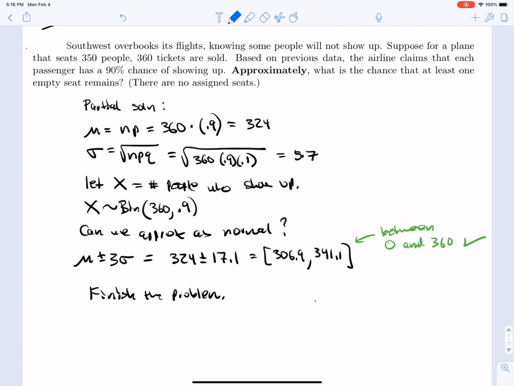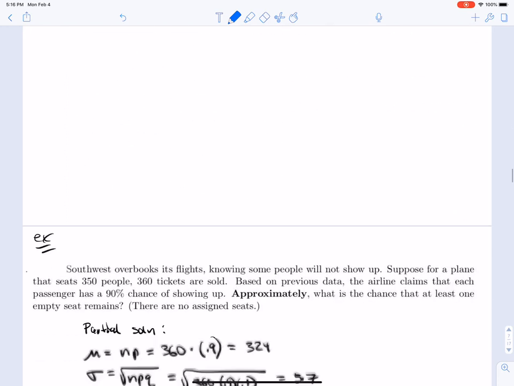So on average, 324 people show up with a standard deviation of 5.7. If x is the number of people who show up, this is binomial 360, 0.9, and you can indeed approximate it by normal, because 324 plus or minus 17.1 is between 0 and 360.